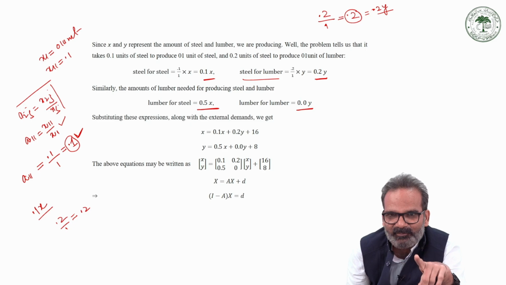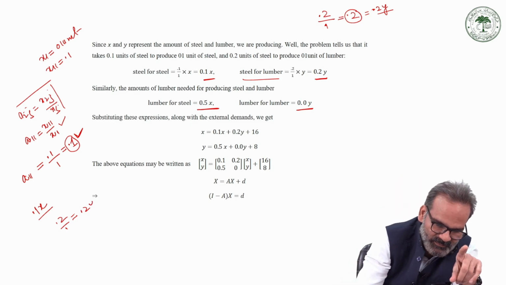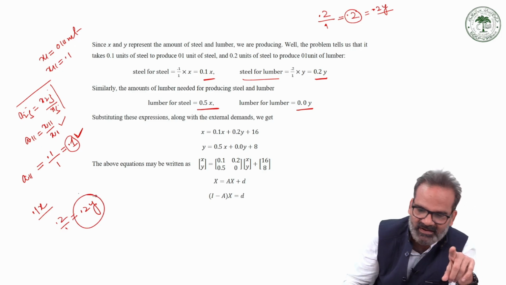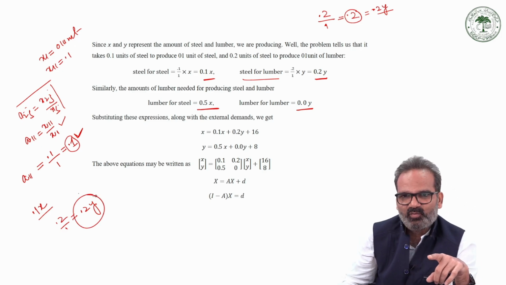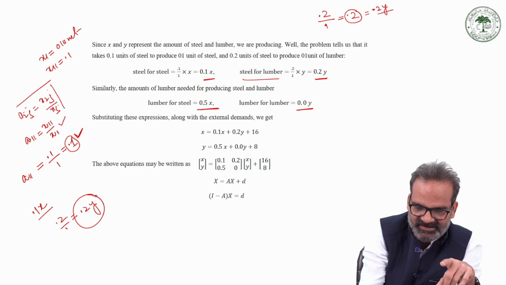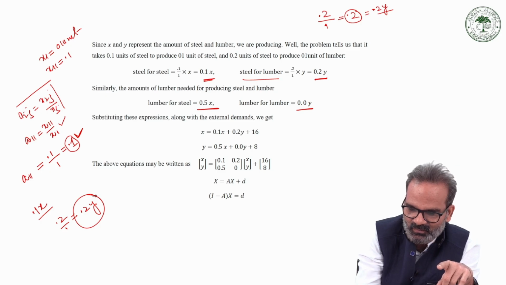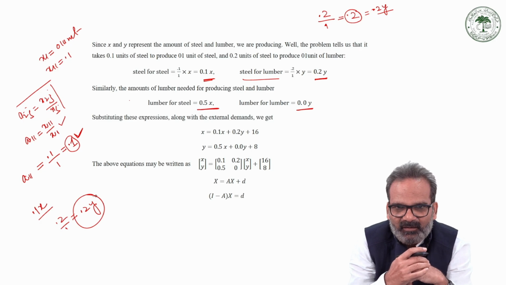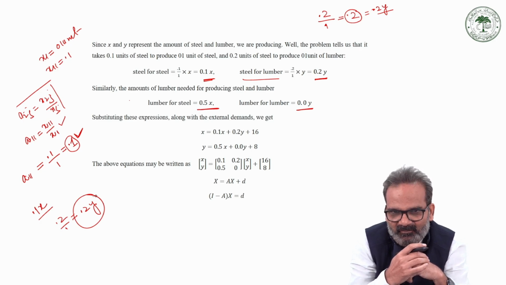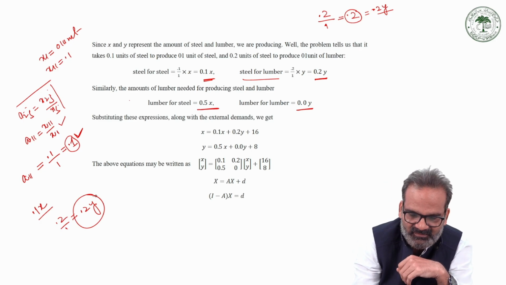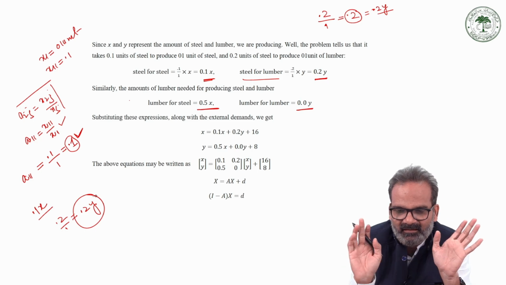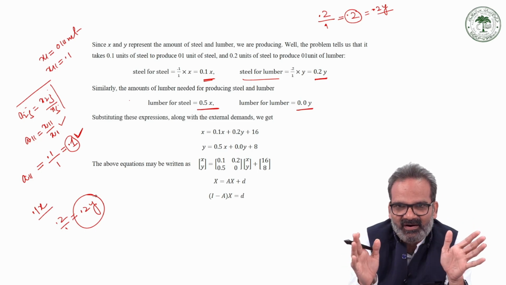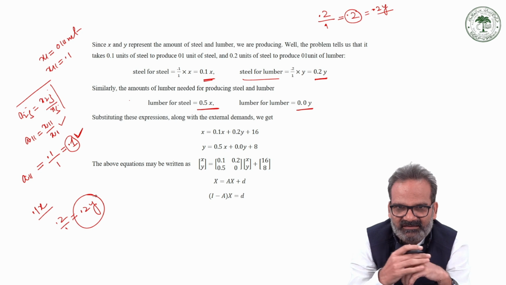So we are producing y units of lumber. 0.2 should be multiplied by y to get the second term, that is 0.2y. So 0.1x plus 0.2y. Now similarly, the amounts needed for producing steel and lumber. This is steel for lumber, this is lumber for lumber, because no lumber is required for the production of lumber, it is given in the question.